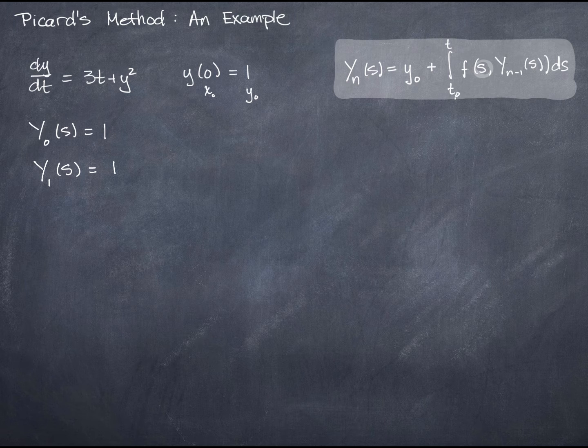My first iteration is going to be that number. We didn't have that in the previous version. That's one of the differences here. Plus the integral from t naught to t of the function f of t comma y, which is 3t + y squared dt. However, I need to use a dummy variable because I'm actually integrating on t, so I need to make sure that I don't misrepresent myself or confuse myself.